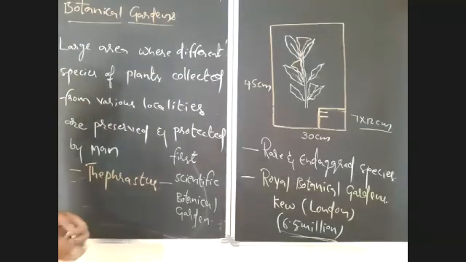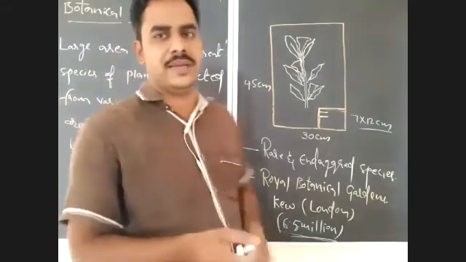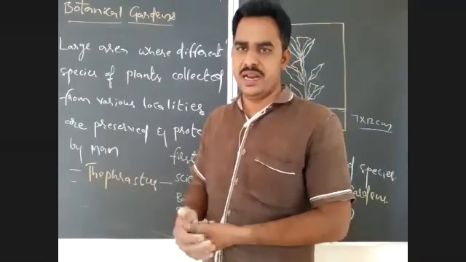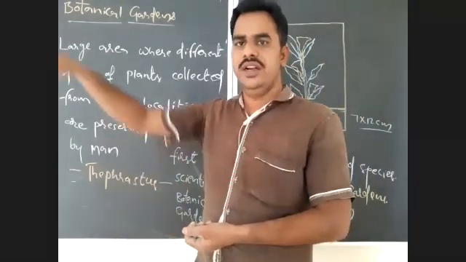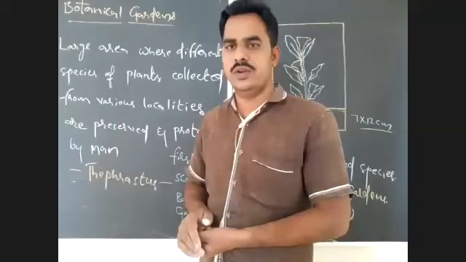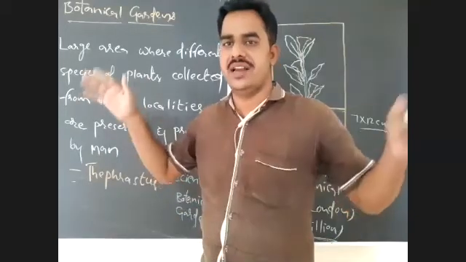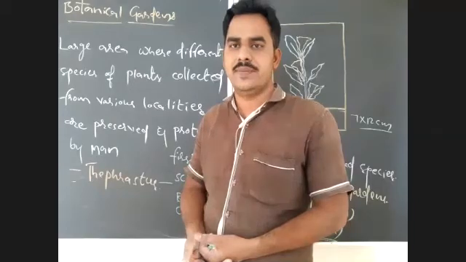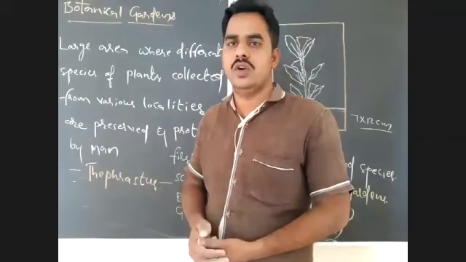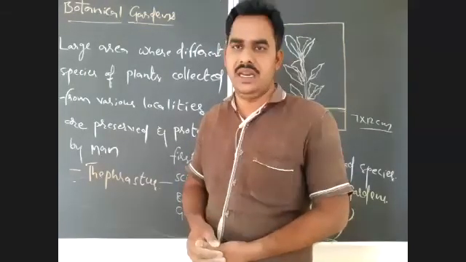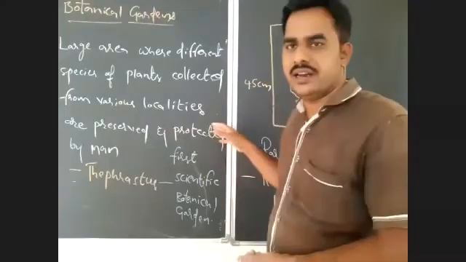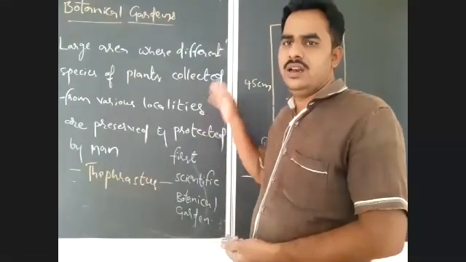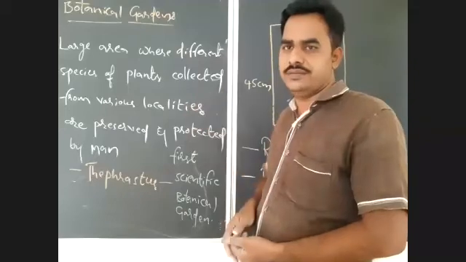In this botanical garden, as I already mentioned, different types or species of plants will be collected from different areas or localities, and placed in a huge, large area. All the requirements of those plants will be supplied by human beings, and the plants will also be protected by human beings. In the botanical garden, for every plant they will give the scientific classification.